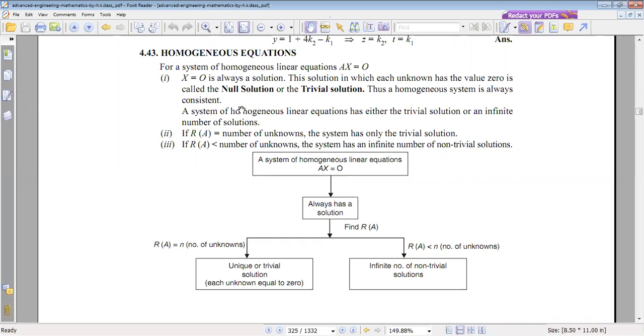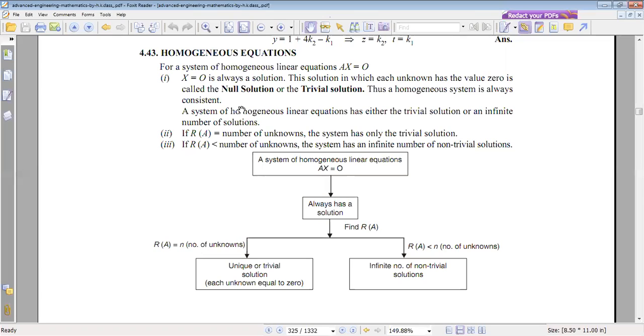If you put x equal to 0, y equal to 0, z equal to 0 in the left hand side, then the left hand side becomes 0. The right hand side is already 0. So x equal to 0, y equal to 0, z equal to 0 is the solution of this equation.